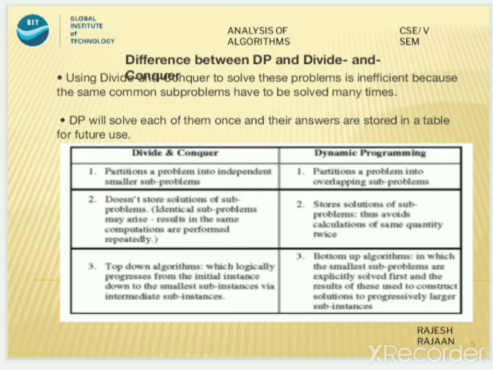Now we will discuss the comparison between the previous techniques and dynamic programming. In contrast to the greedy algorithm, where local optimization is addressed, dynamic algorithms are motivated by an overall optimization of the problem.